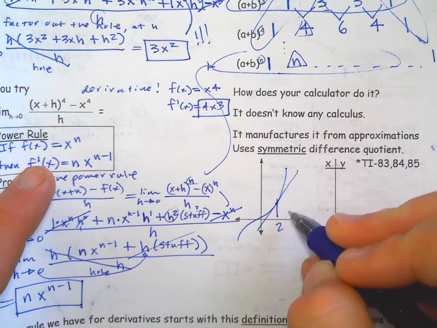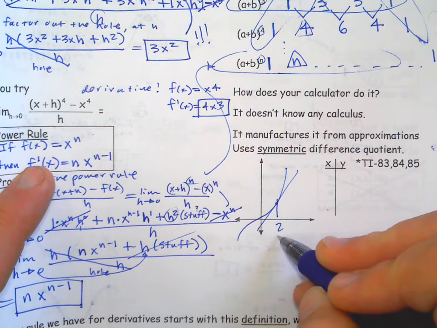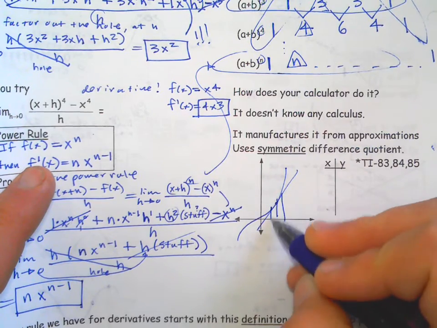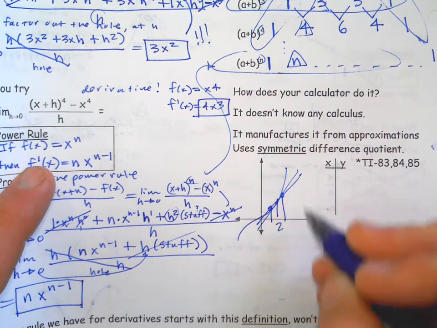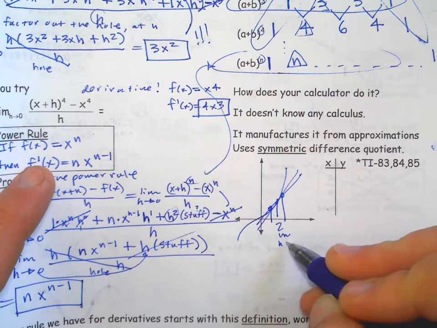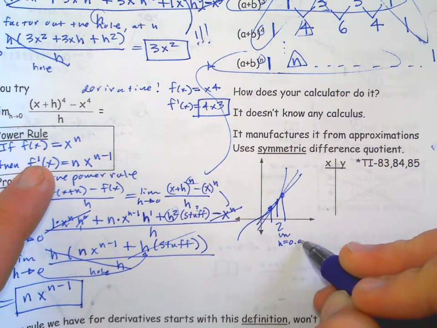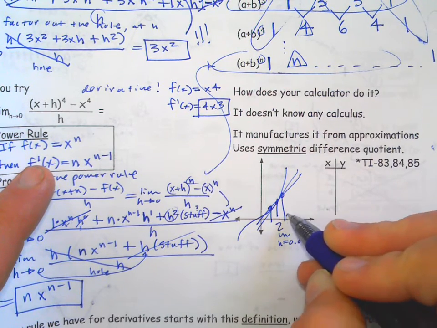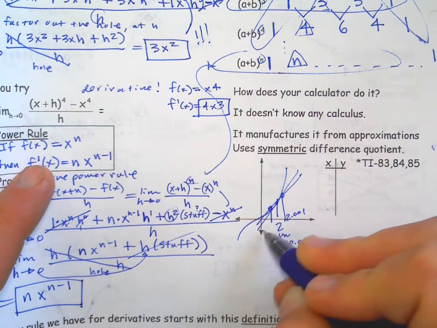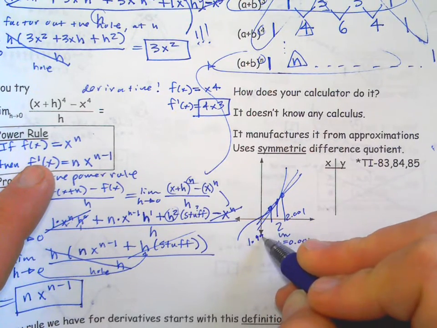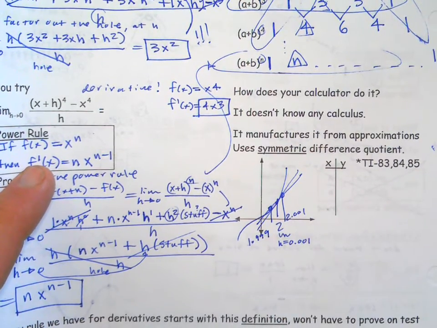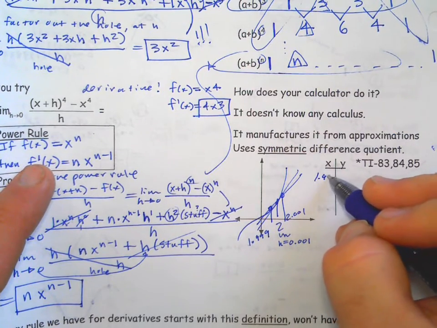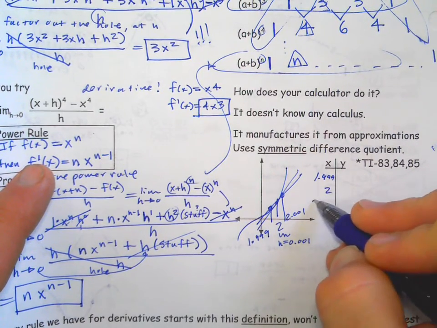It says, okay, we're gonna just do the slope of a secant line. It just does slopes of secant lines, but h is really small. It's 0.001. So this is gonna be at 2.001, and this one's gonna be at 1.999. And so it does that calculation.